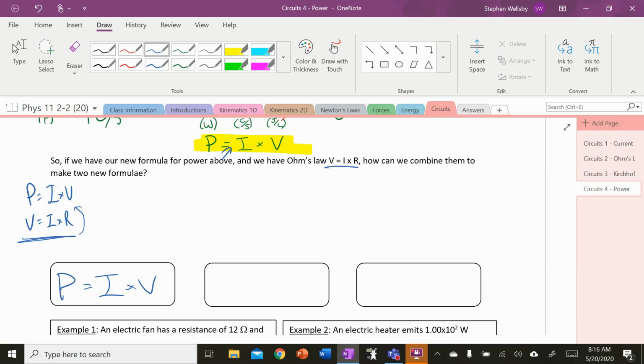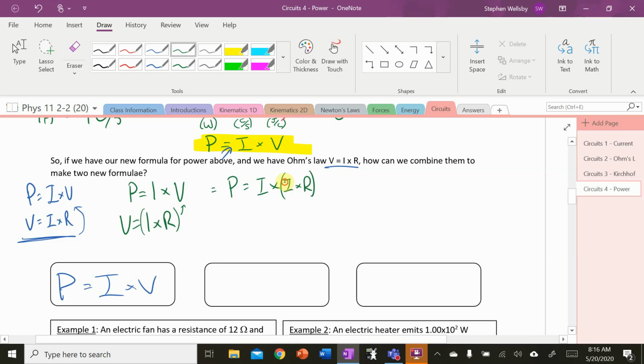Okay, let's give this a try. The first one is probably the more obvious of the two. I'm going to say P equals I times V, but we know that V equals I times R. So let's substitute that in. We have P equals I times IR.